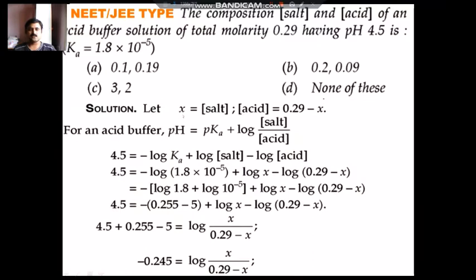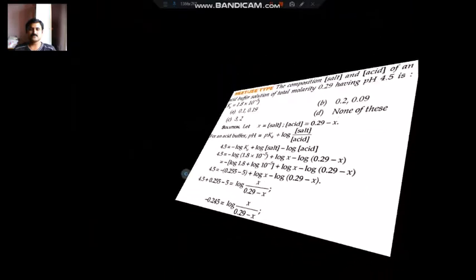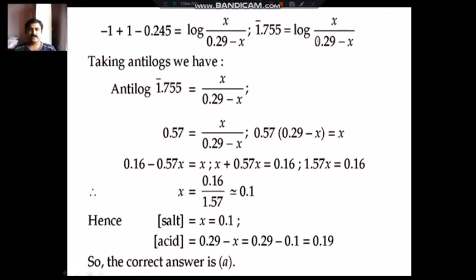Assuming the salt concentration is X, the acid concentration will become 0.29 minus X. In the Henderson equation, we substitute these values, taking the pH value 4.5 from the problem, along with the assumed values X and 0.29 minus X. Upon simplification, we got the X value as 0.1, approximately.